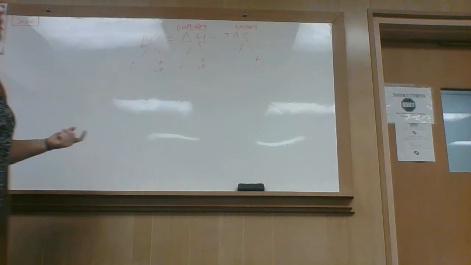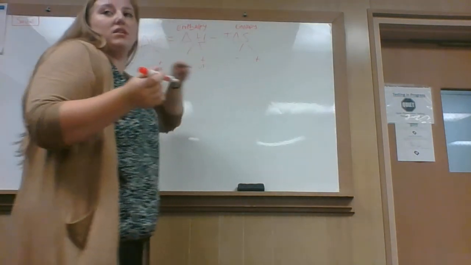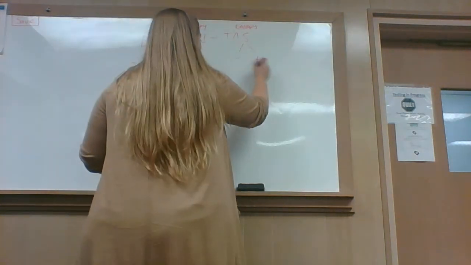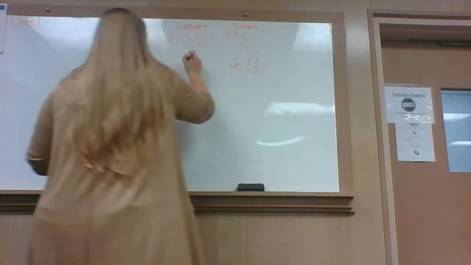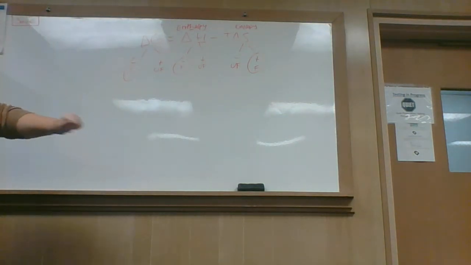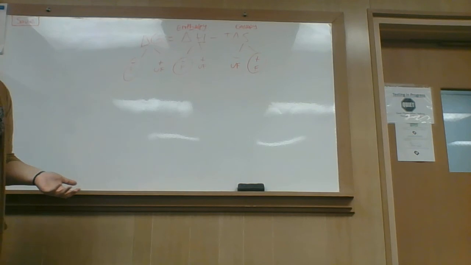Whichever way works for you. So in this case, negative or positive, which is considered favorable? Positive. So this is the one that's different. This is the one that usually throws people off. So those three values can determine the favorability of the reaction or the extent to which it's going to take place.